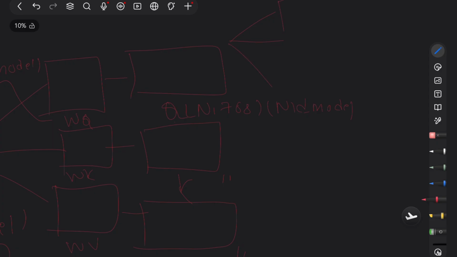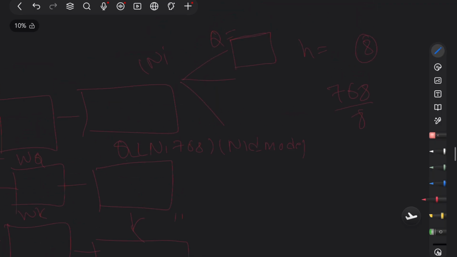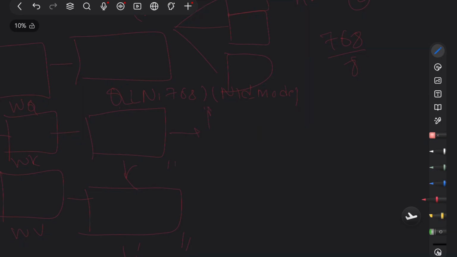For example, for a particular head, we divide it 768 by 8, and each individual head would use query's value as N comma 768 by 8. This would be the shape of the query of a particular head. Same for key and value.